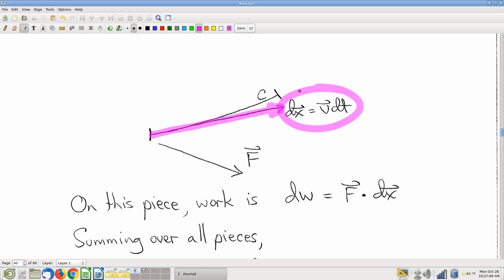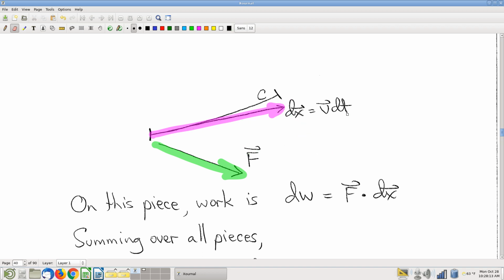We motivated that when we were writing down scalar line integrals. That very closely represents the displacement as we move along that little piece of curve. The force, again, is not exactly constant, but we're assuming that it's approximately constant along that piece.